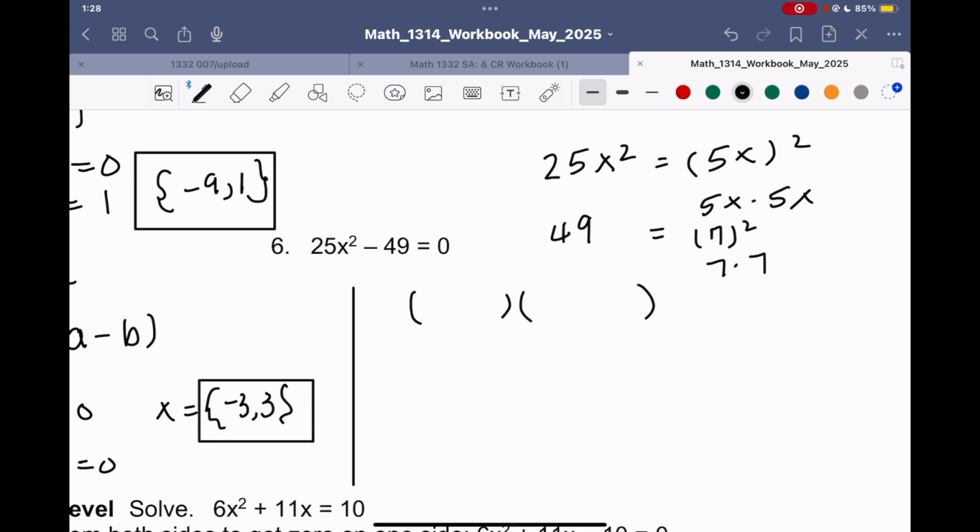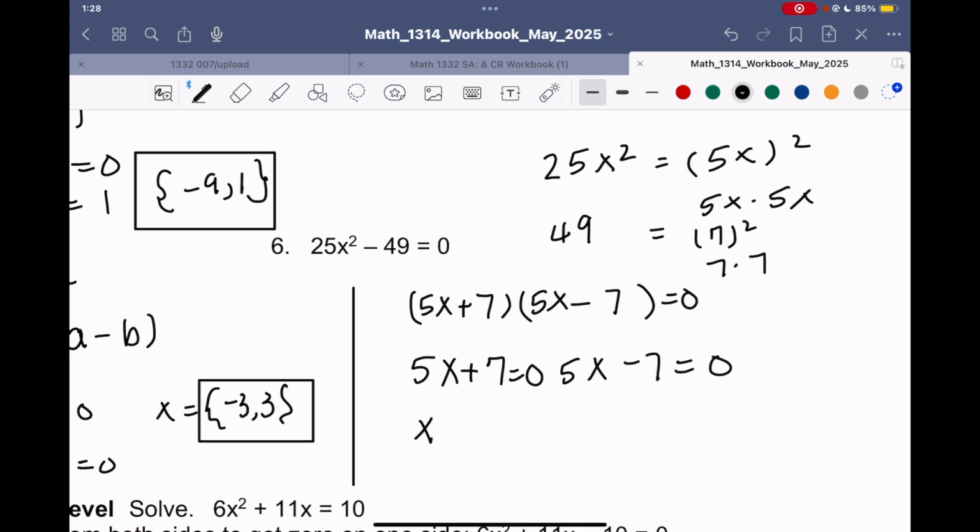So again, conjugate is the word. 5x, 7, and 7. Alternate the signs. It's equal to 0. So 5x plus 7, 5x minus 7 equals 0. X equals -7/5. X equals 7/5.